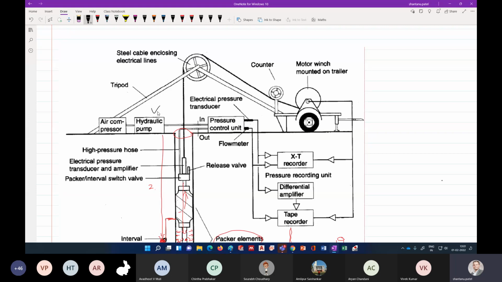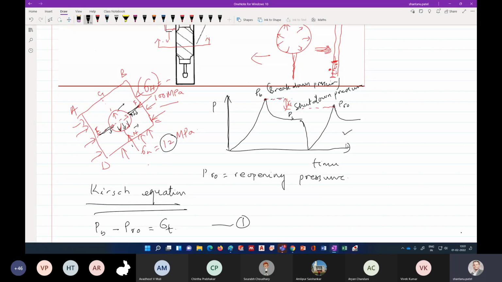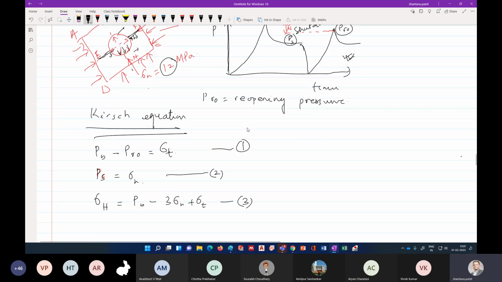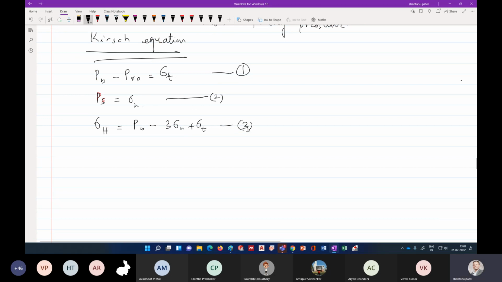This plot is given on the computer screen, and once you find out the different values of these things here, you can calculate your sigma small h and sigma capital H. This is our target. And the vertical stress, how do you calculate it?